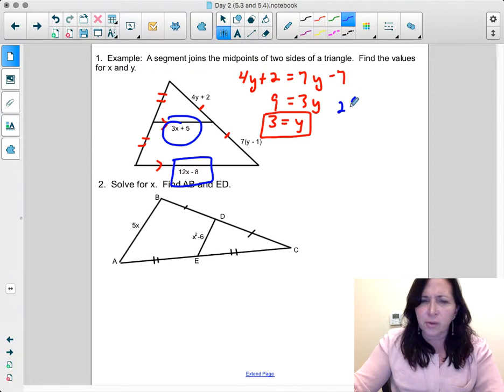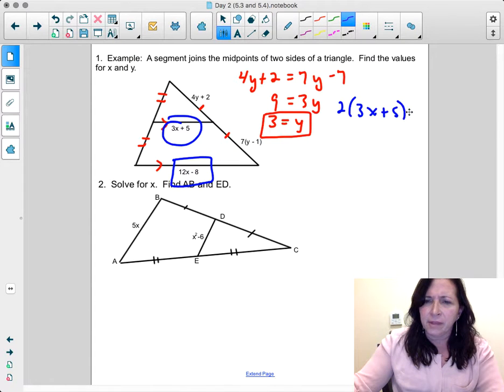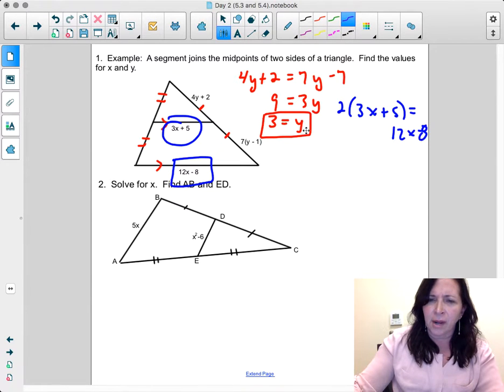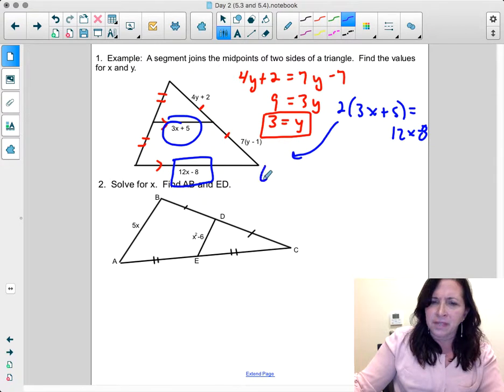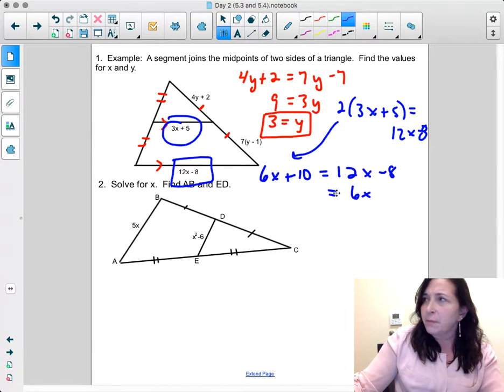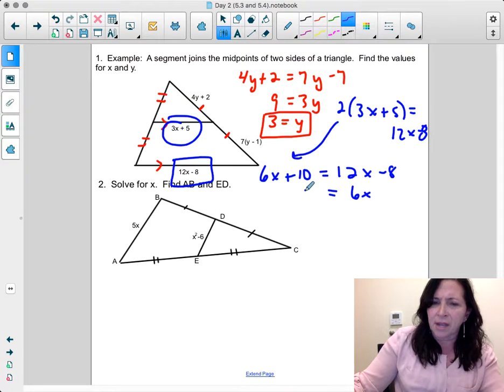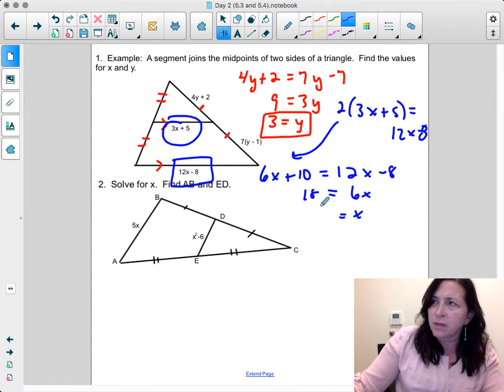I'm going to say 2 of those, which is 3x plus 5, is equal to one of these, 12x minus 8. I ran out of room, so I'm going to continue this over here. 6x plus 10 is equal to 12x minus 8. Subtract 6x, I get 6x here. I'm going to add 8 to this side, I get 18. So I get x is equal to 3.